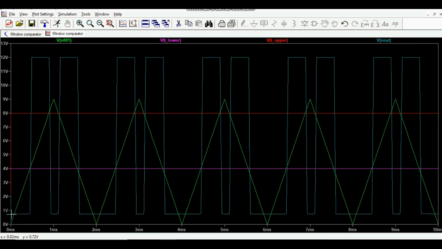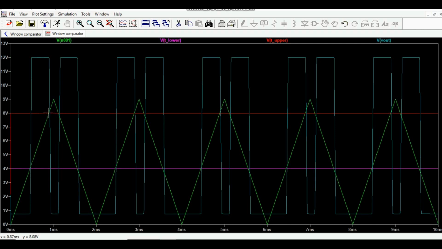Because this is the forward voltage drop of a diode, so your ground level is shifted to 0.7 volt, right? Now if your input signal is greater than your lower threshold but less than the upper threshold, at that time your output signal is high.